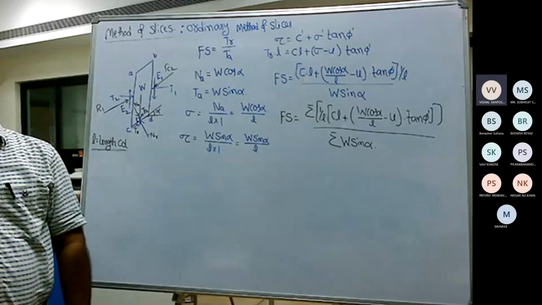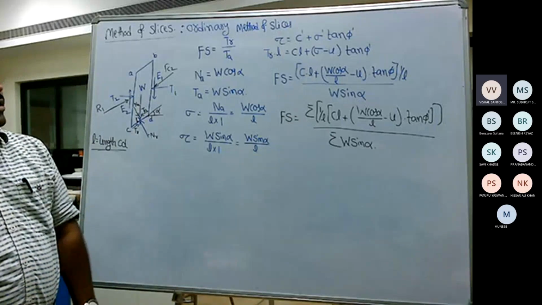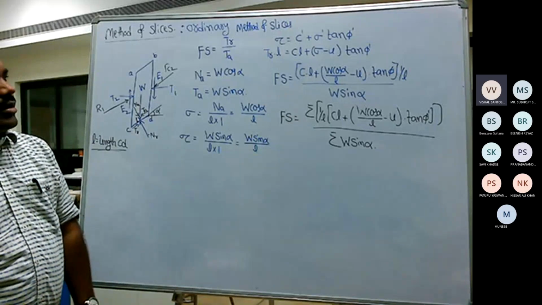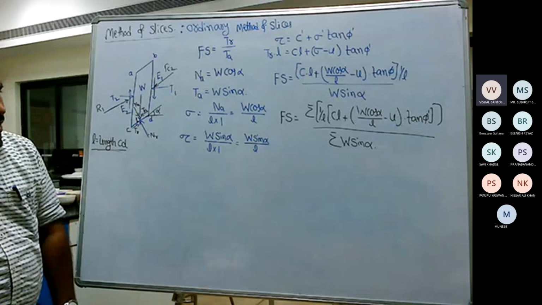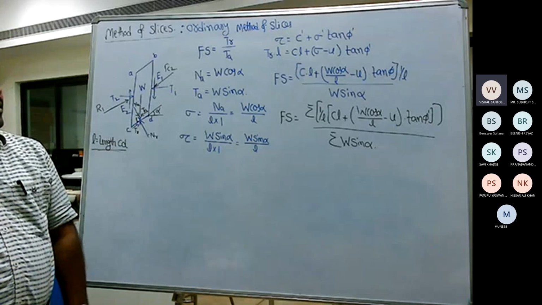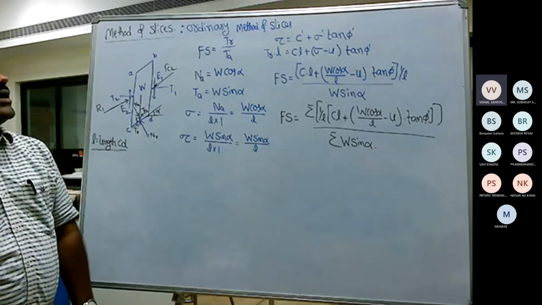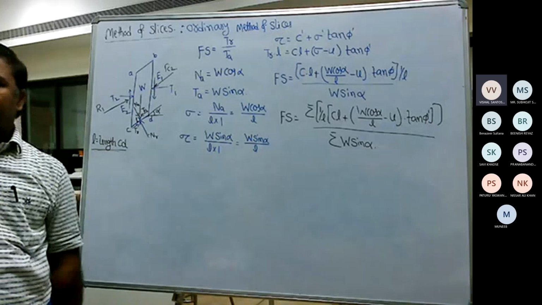Sir, I think it should be c plus W cos alpha by L minus U by L. When we take L as the LCM, we get cL plus W cos alpha minus U, divided by W sin alpha.